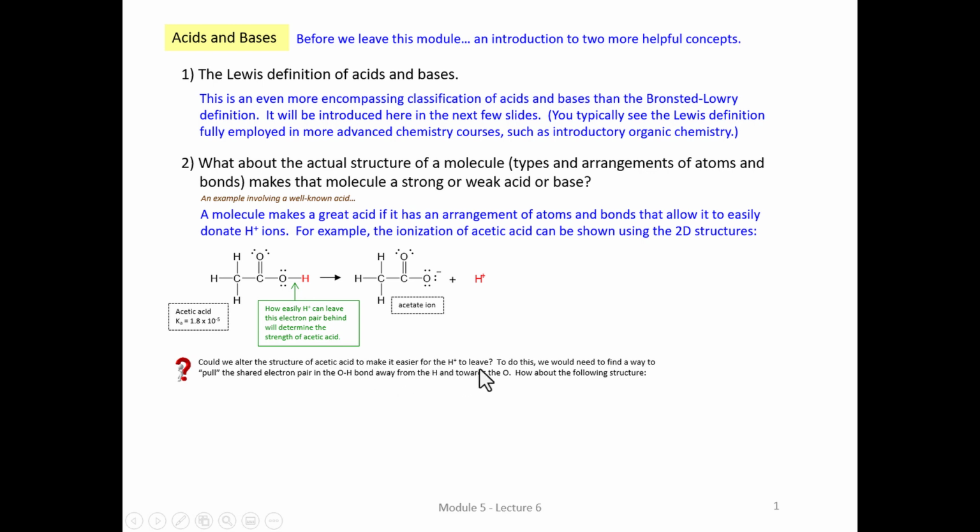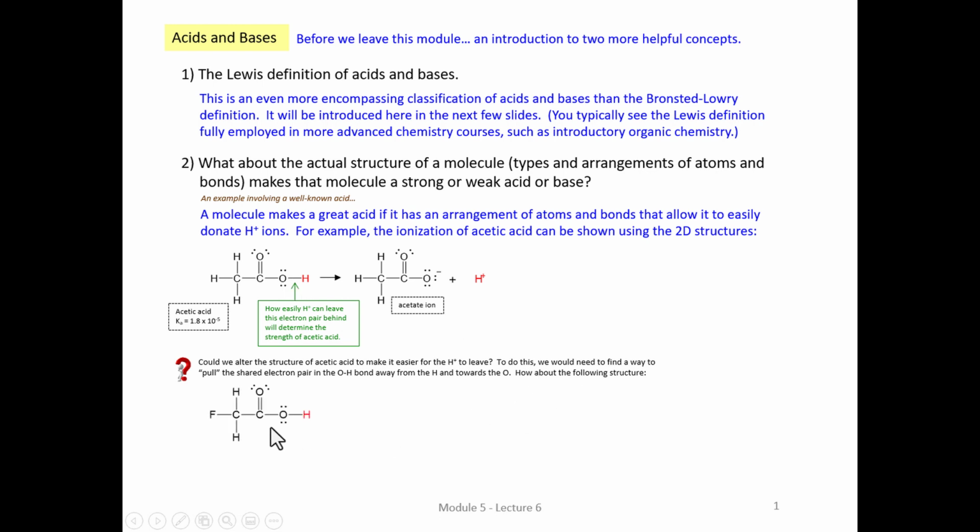In other words, could we alter its structure to make it a better acid? To do this, we would need to find a way to pull that shared electron pair away from the hydrogen ion in the OH bond and pull it toward the oxygen.